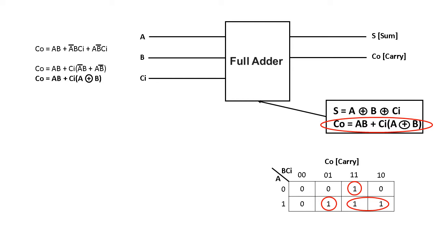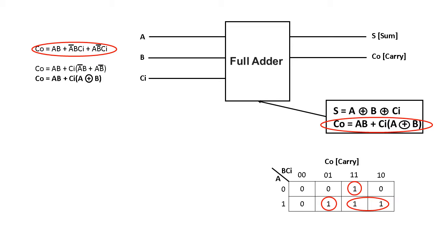See what could be the formula. Carry output is equal to AB. You can see the last row, that is the second row, two ones, that is A and B both, that has been pointed out, plus A naught B Ci.